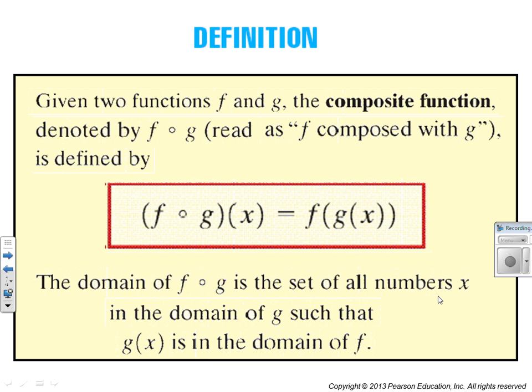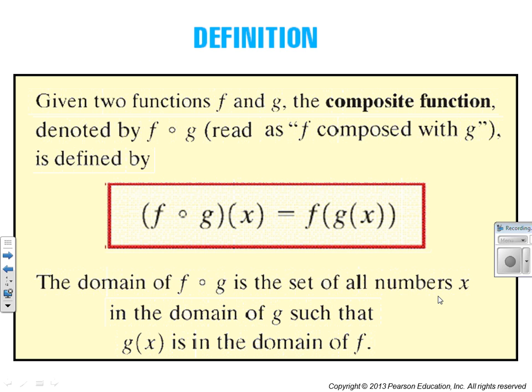This you do have to write down. When you're given two functions f and g, the composite function is f composed with g. So it has a little circle, kind of like a degree mark. And I usually will read this as f of g, defined by f of g of x.